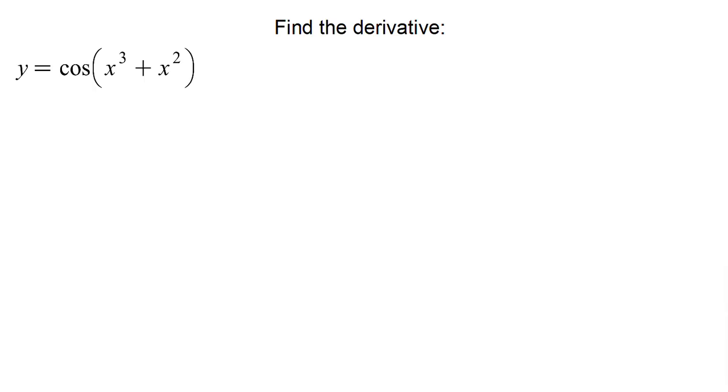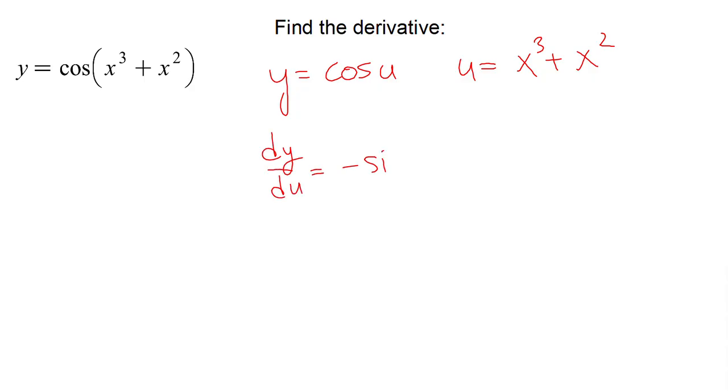For number 7 here, we've got cosine of x cubed plus x squared. So again, this is just y equals the cosine of u, where u is a slightly more complicated function, but nothing too terrible, x cubed plus x squared. So dy/du should just be negative sine u, because we have that memorized. And with the power rule, we should get 3x squared plus 2x for du/dx.